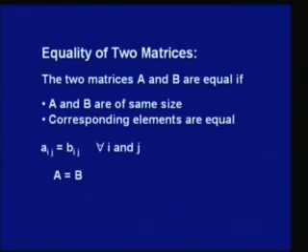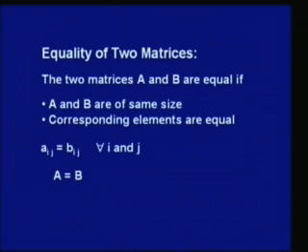Now, we define operations on matrices. We say that the two matrices A and B are equal if some conditions are specified. The first condition is that the two matrices A and B are of same size.